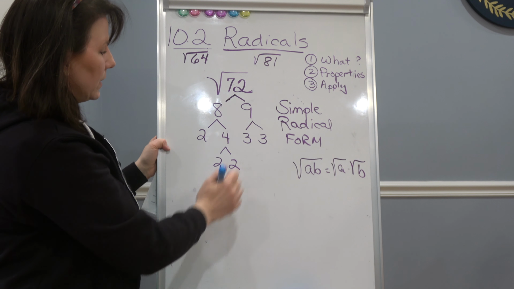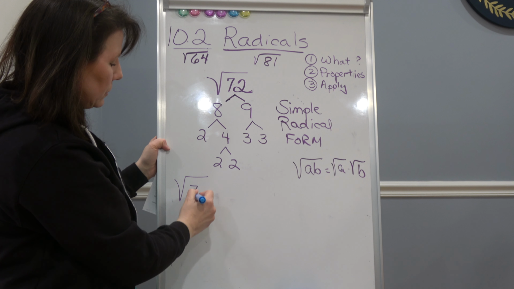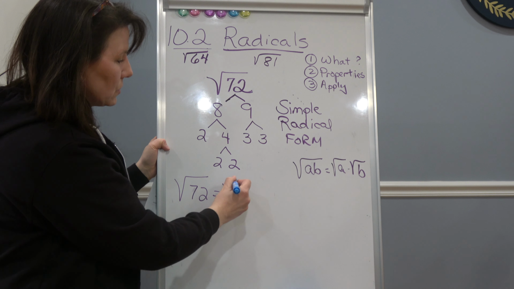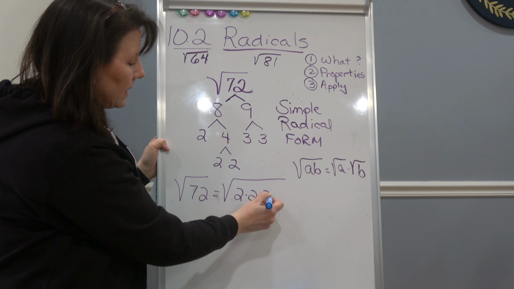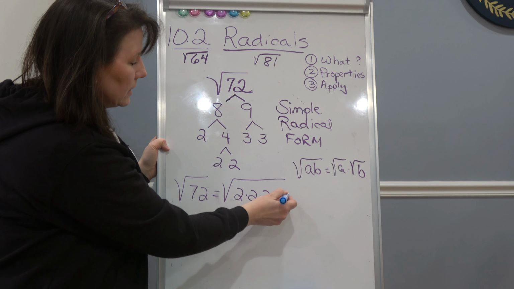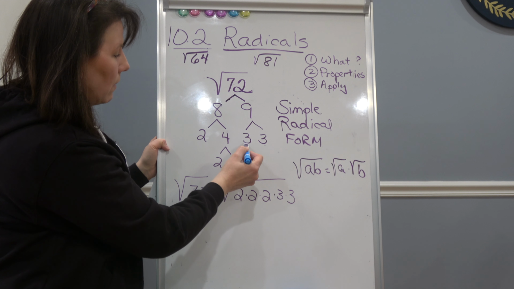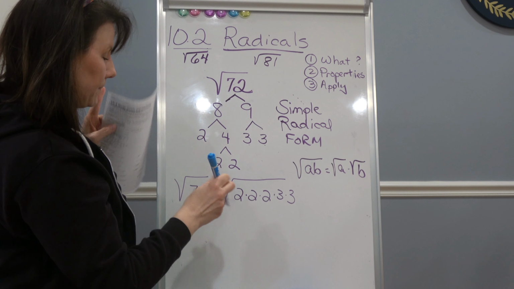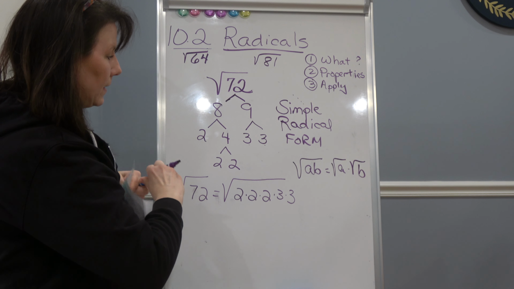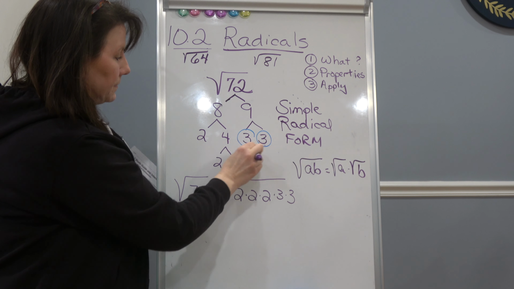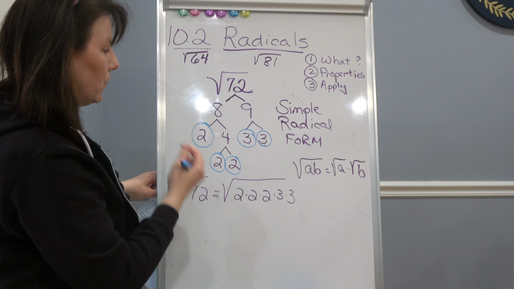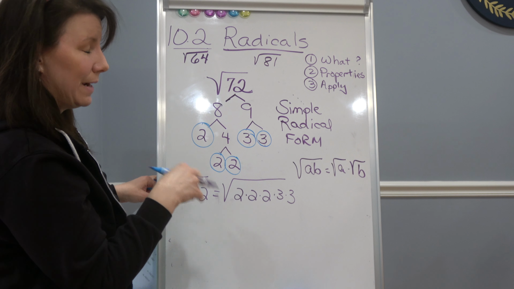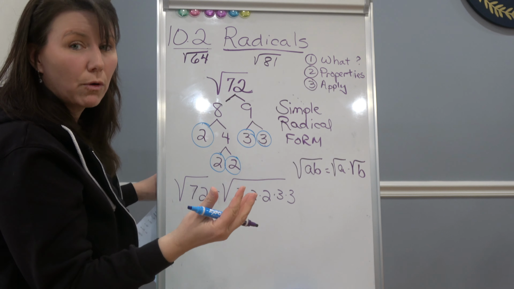So using this property, we can say that the square root of 72 is the same as the square root of 2 times 2 times 2 times 3 times 3. I've got all these prime numbers here. I'm not circling the 4, the 8, and the 9 because they're not prime, and I actually broke those up even more.